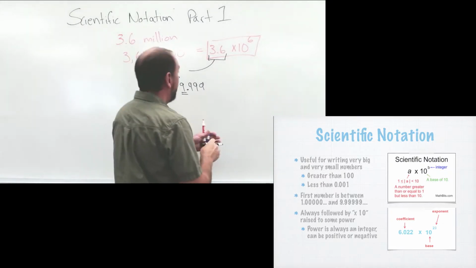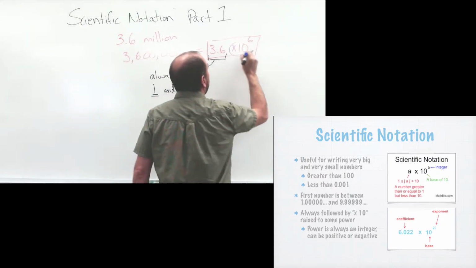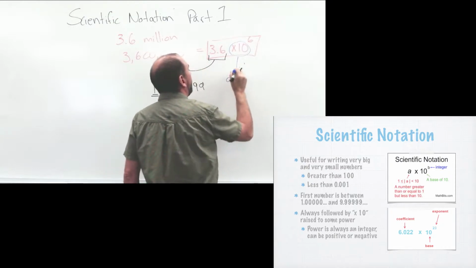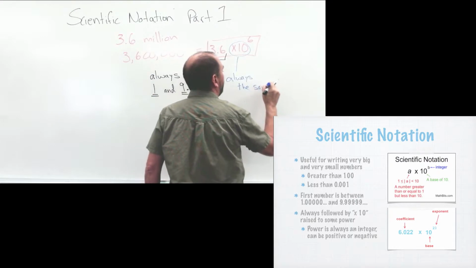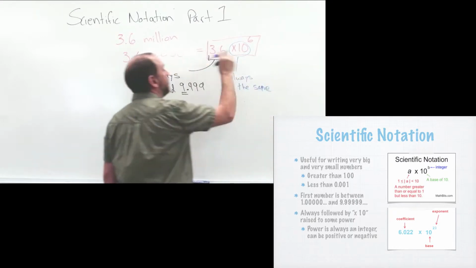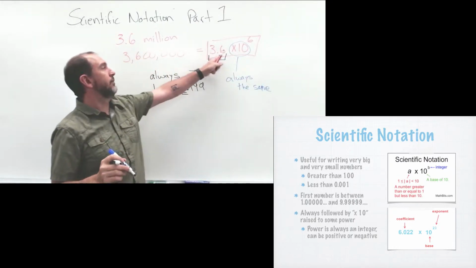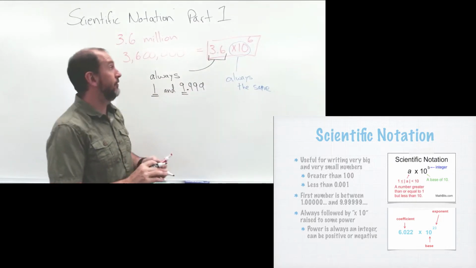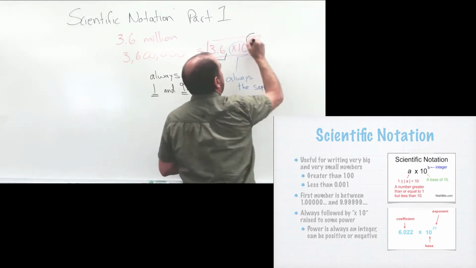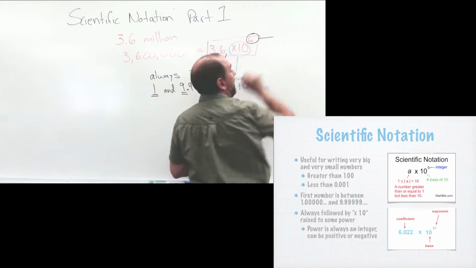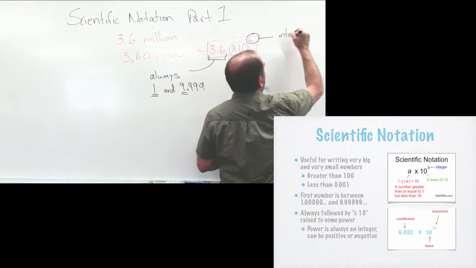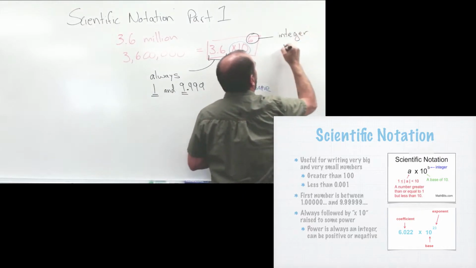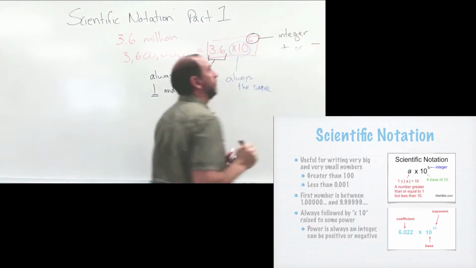Okay? The second part is going to always be the same, times 10, always the same. Okay? So when we're writing numbers in scientific notation, it'll always be some number times 10, and then the final component will always be the power that 10 is raised to. This will always be an integer, and it can be positive or negative.